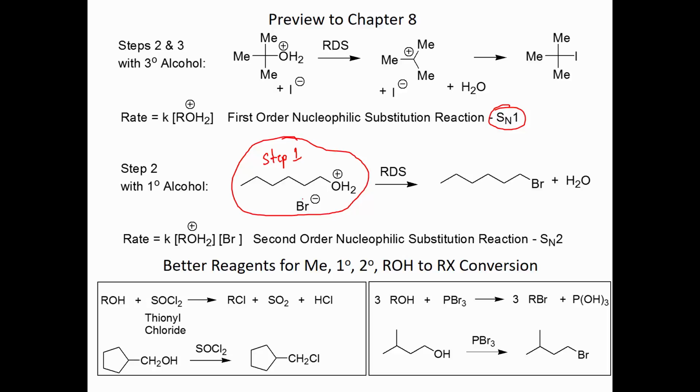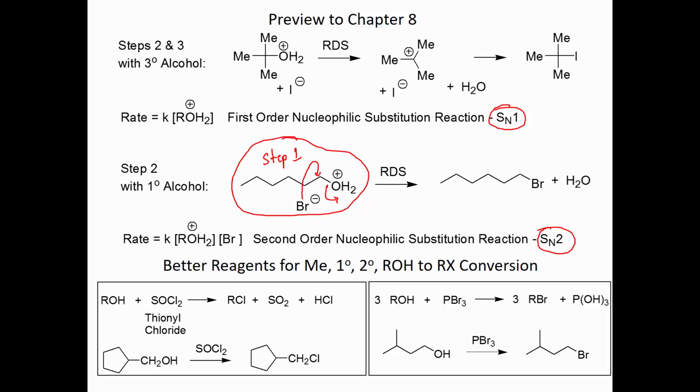What's occurring here is that in a concerted fashion, as water leaves, bromine comes in. Okay? Now, in this case, this is the rate determining step, and you see that the halogen is involved in the reaction. The rate here is second order because it involves both of the reactive species, and we refer to this as an SN2. So methyl and primary halides typically react by SN2.